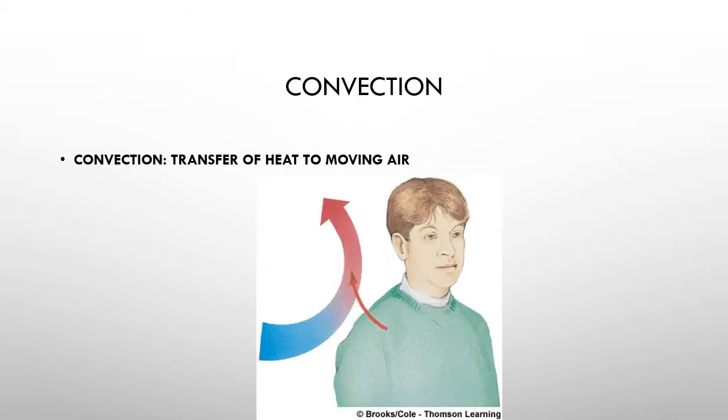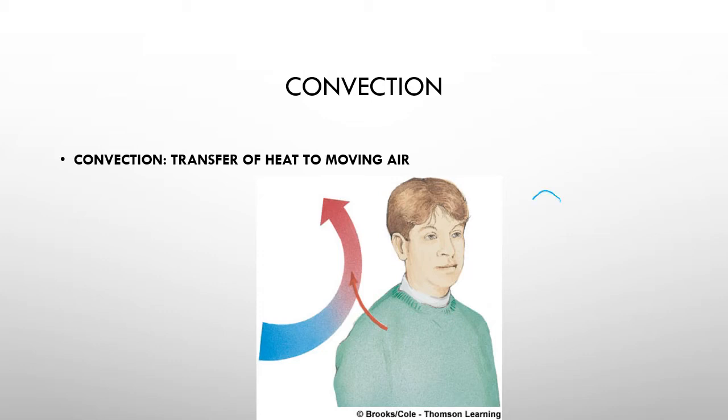Next, we can have convection, and convection is similar to having a convection oven. The big difference between a regular conventional oven and a convection oven is simply that the convection oven has a fan. It's circulating the air around inside that oven. The same thing goes for ourselves, and so we can transfer our heat.